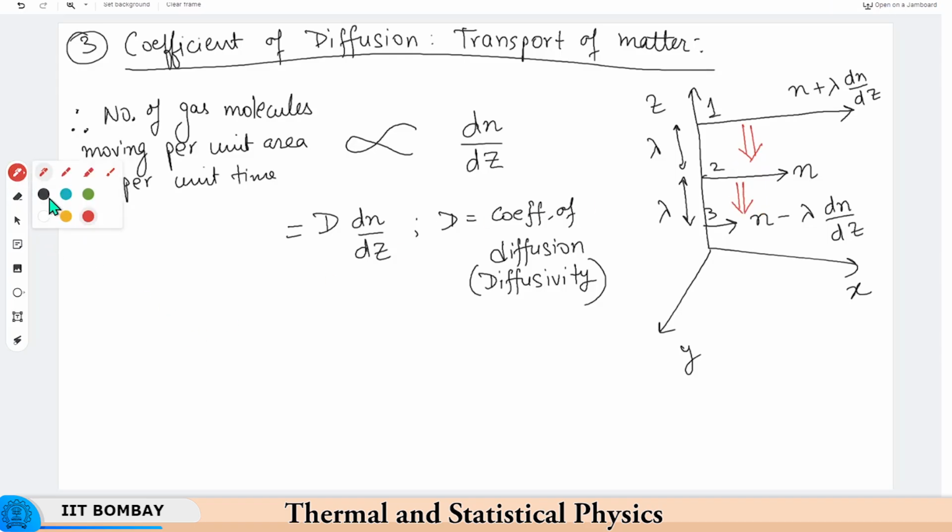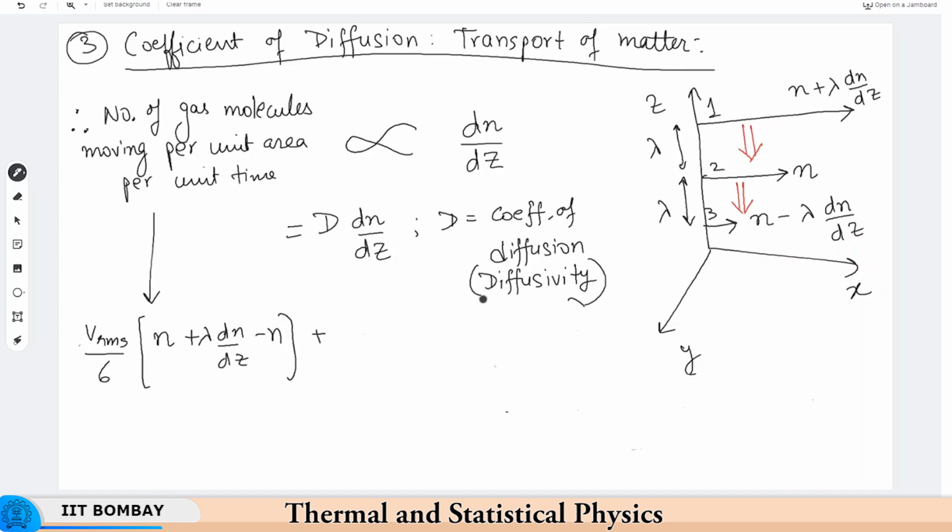Therefore, V RMS by 6 times (n plus lambda dn by dz) minus n plus, so this is from plane 1 to plane 2, and for plane 2 to plane 3 we have V RMS by 6 times (n minus lambda dn by dz).